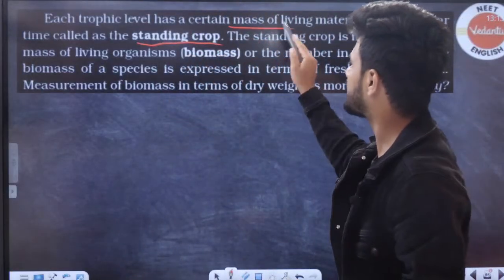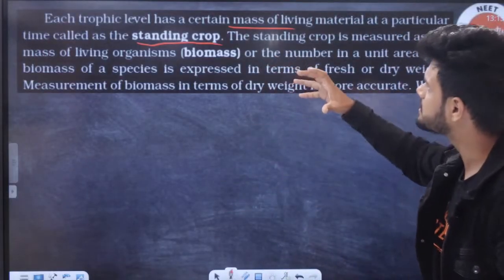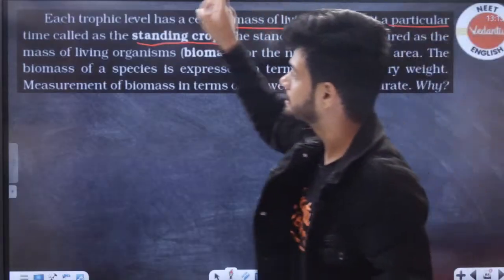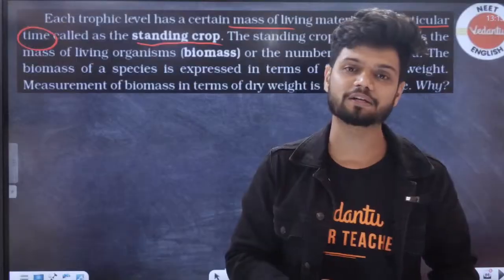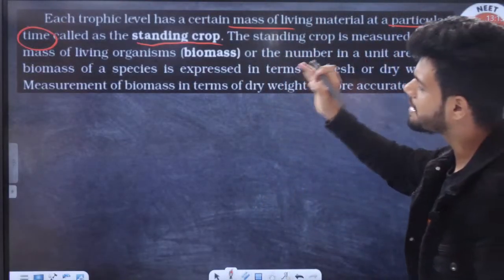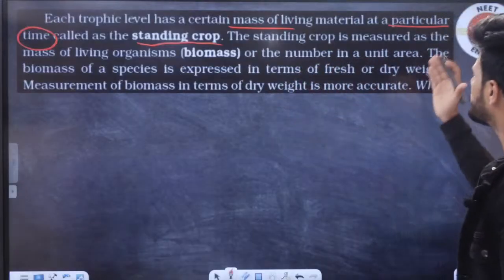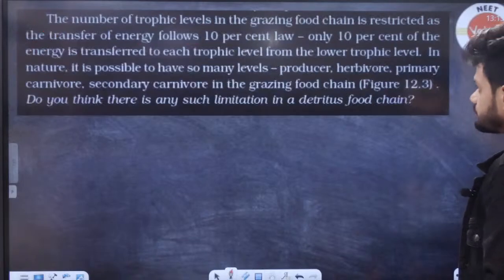Every trophic level, first, second, third, fourth, has some mass at a particular time, and that is called your standing crop. This is very important. Standing crops are measured as mass of biomass or number per unit area. It can be expressed as fresh or dry weight.